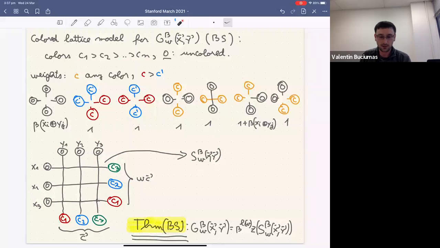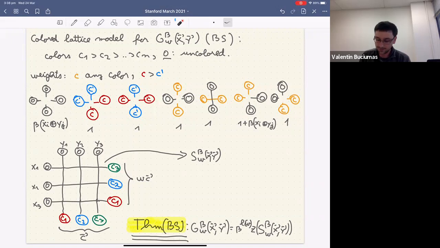And then we may assign colors or uncolors to every interior edge, and we may compute the weight of such states, and then we may compute the partition function, which is just the sum of weights over all possible assignments.